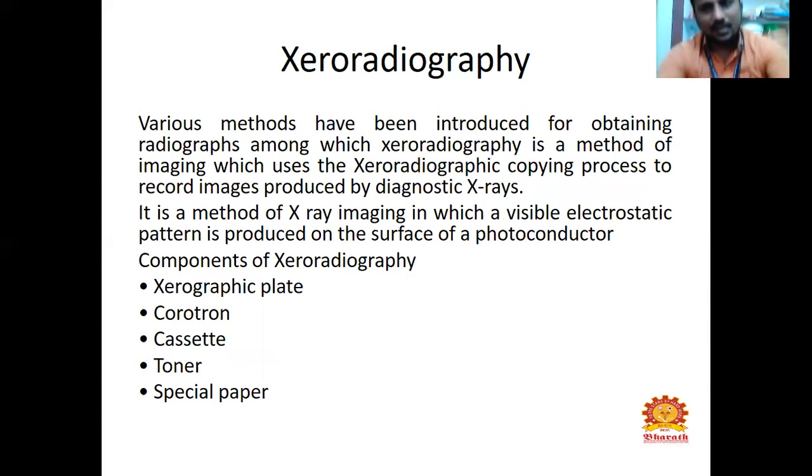This is a method of X-ray imaging in which a visible electrostatic pattern is produced on the surface of a photoconductor. The components of xeroradiography are the X-radiographic plate, toner and special paper.